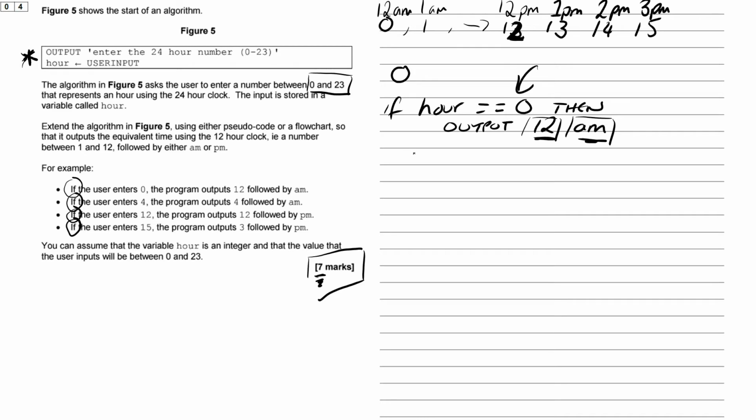So I've also got some other options here, because if it's between 0 and 11, then it's AM. So 0 to 11 is AM, and 12 to 23 is PM.